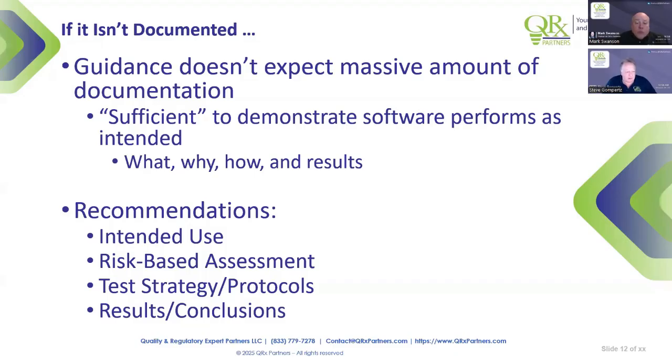How did you determine if it was no risk, low risk, medium, whatever scale you use? Documenting your actual strategy for validating and maintaining that validated state, and then the protocols if you're doing the scripted testing, and then of course documenting the results and any conclusions of those results. That's the basic documentation set that they're looking for.